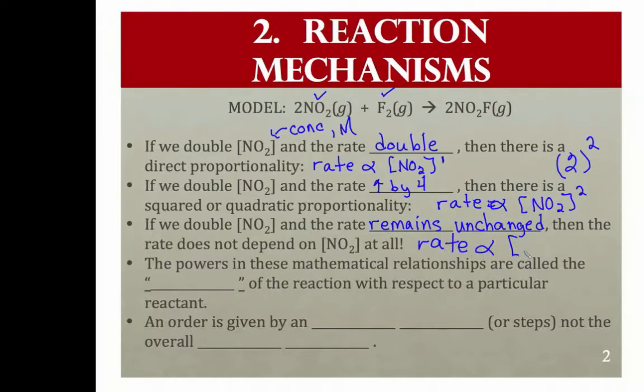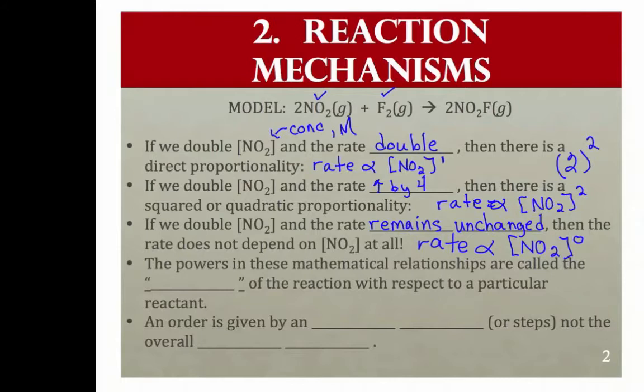Now, in this case, if we wanted to be explicit, we would say that the rate is proportional to NO2 to the 0 power. Okay, so 2 to the 0 power is 1. So the old rate and the new rate are the same.